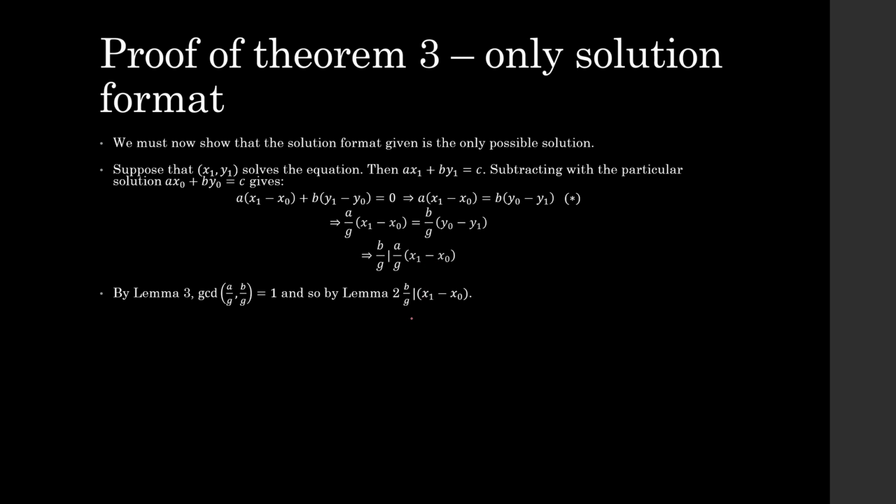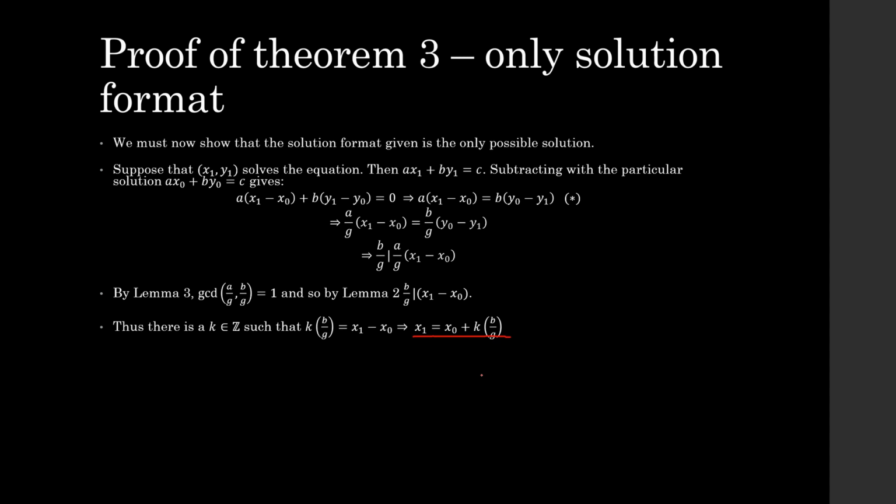So we already used two of our lemmas in our proof. Thus, we need to have a k that belongs to the integers such that k times b over g is equal to x1 minus x0, just by the definition of proper divisibility. So rearranging that equation, I get x1 is equal to x0 plus k times b over g, and that's exactly the format that we had in our theorem.